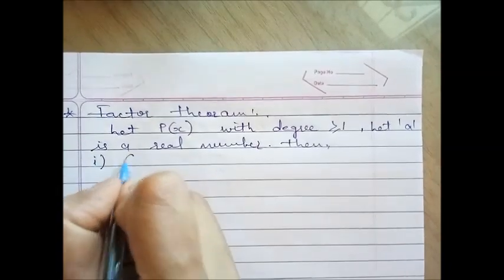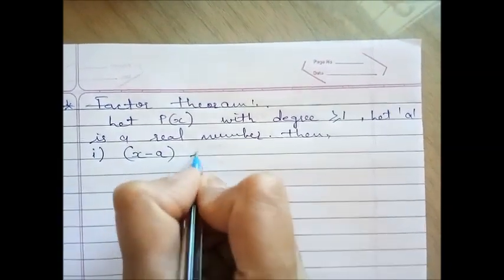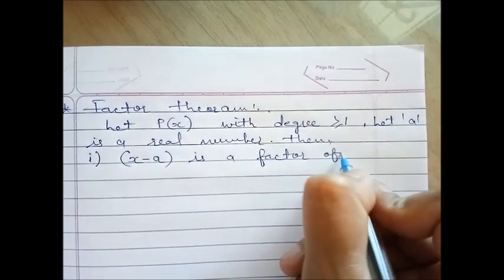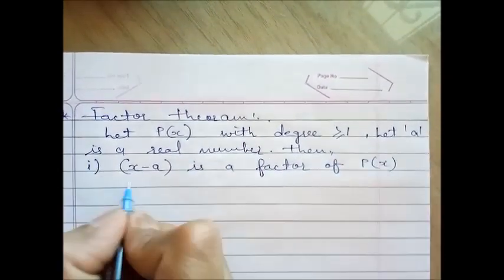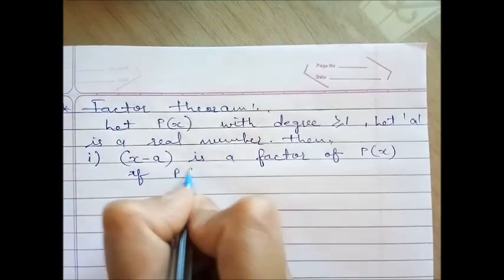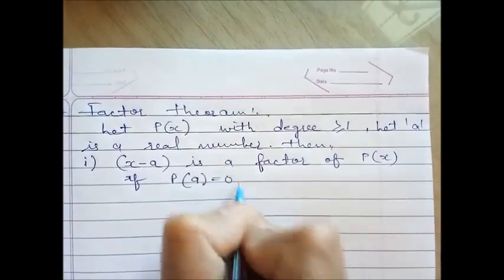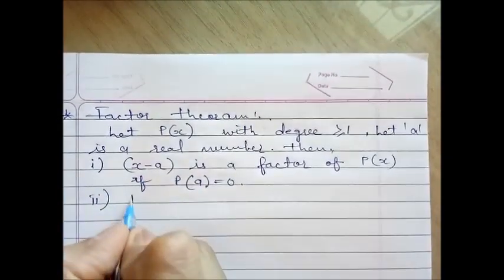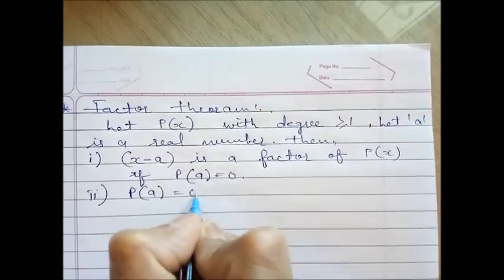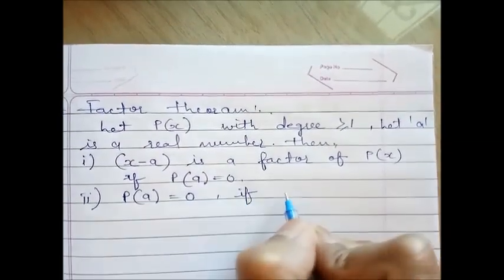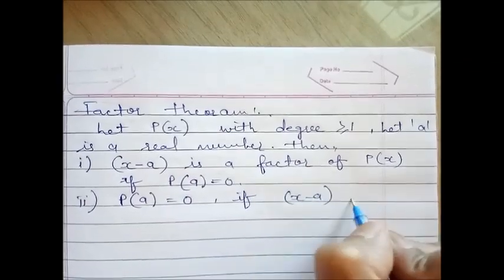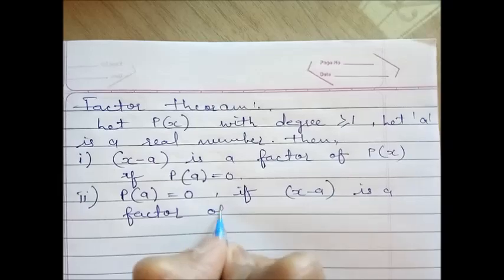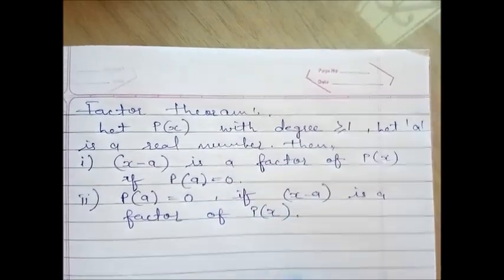The first one: x minus a is a factor of p of x if p of a equals 0. And the second one, the reverse of this: p of a is equal to 0 if x minus a is a factor of p of x, right?